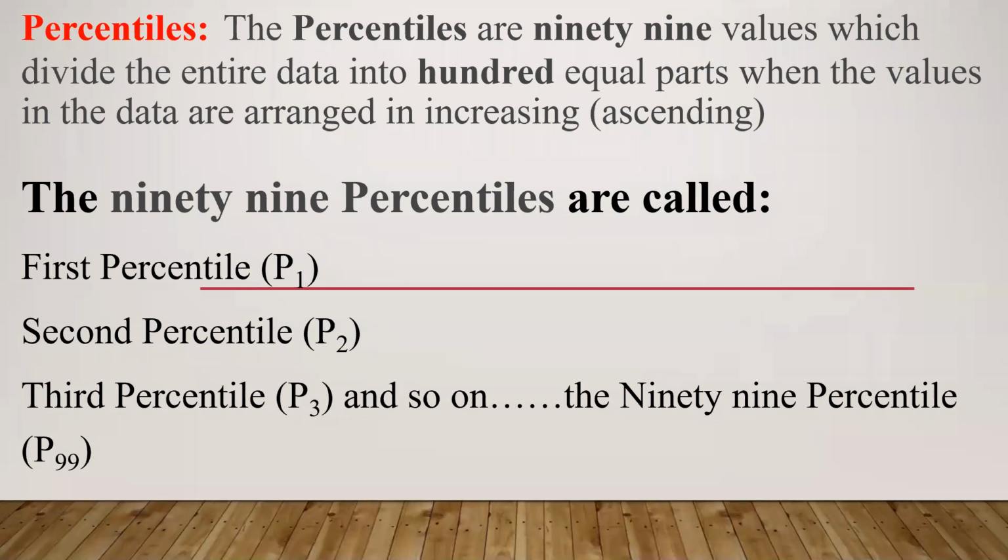These 99 points are called as percentiles. So first percentile denoted by P1, second percentile denoted by P2, third percentile P3, and so on. The 99th percentile P99. Okay.